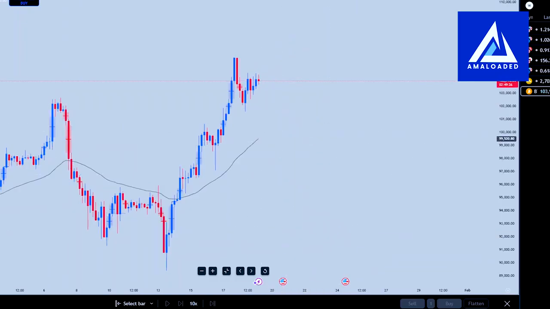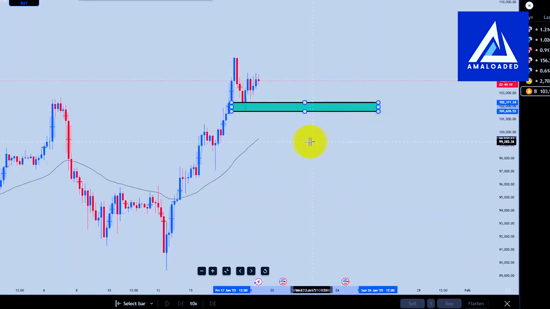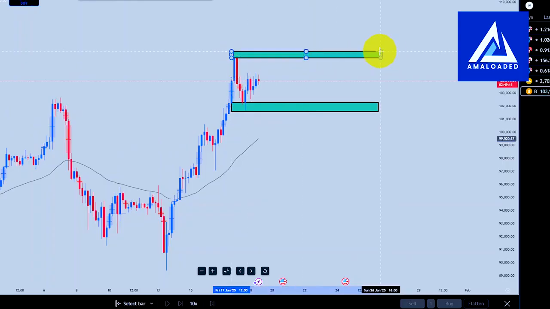Our sentiment for this week is to map out our last higher low, which must be protected throughout this week. Then this place is our last higher high.